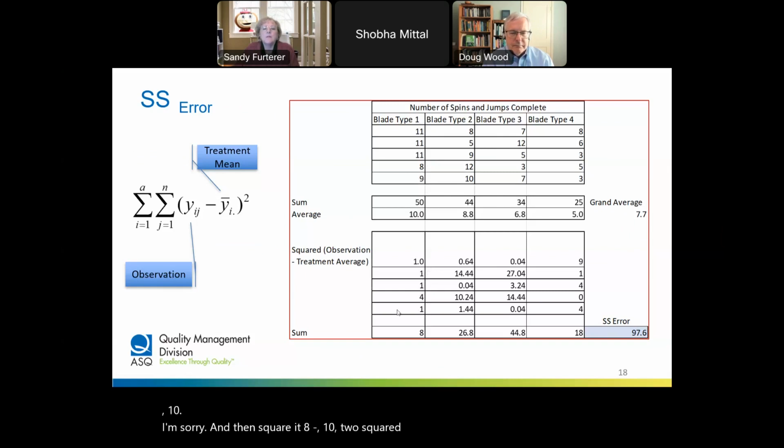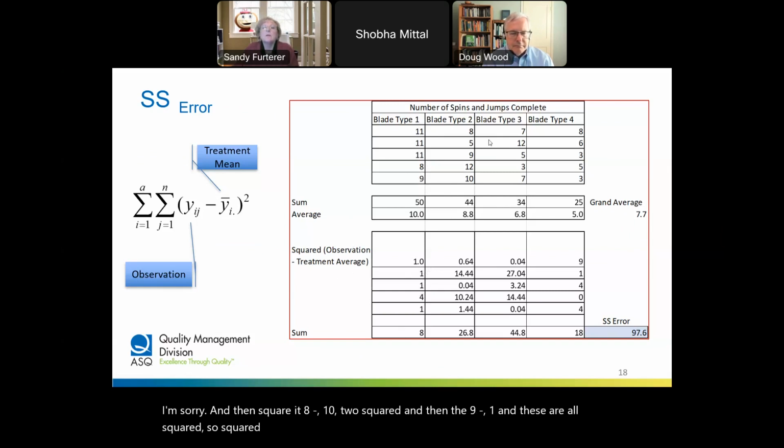And these are all squared: observation minus treatment average. So this is 8 minus 8.8, minus 0.8 squared, again, because we want them squared, without a sign. So we do all of those, and then we sum those up.